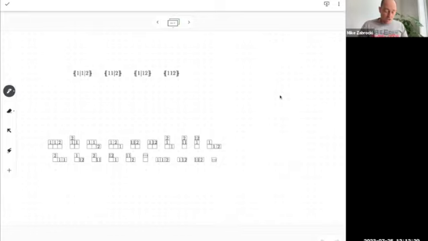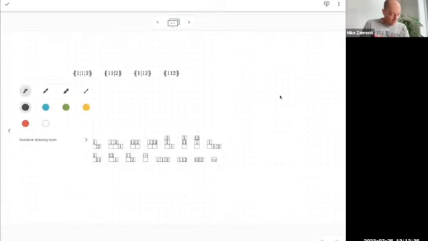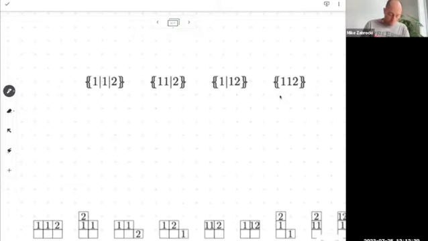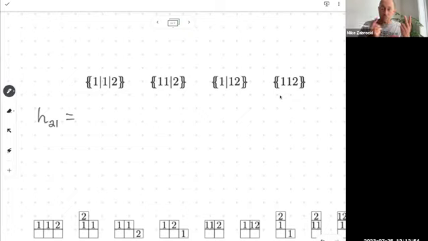So the two formulas that I had on the previous page said that something like H21 has one term for every multiset partition of a multiset. Here my multiset has two 1s and one 2.